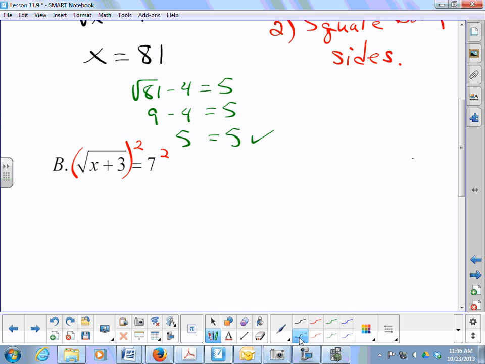What do I get when I square the square root of x plus 3? The square and square root eliminate each other, or undo each other. So I get x plus 3 equals 49. Subtract 3, and x equals 46.